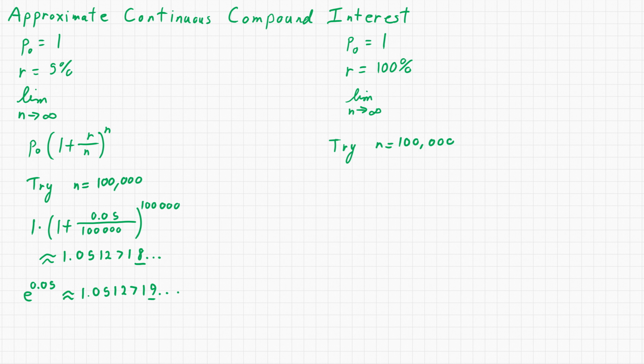And we're going to calculate that. Again, it's going to be 1 times 1 plus, we have a 100% interest rate, so we just have 1.00 over 100,000, to the 100,000 power.